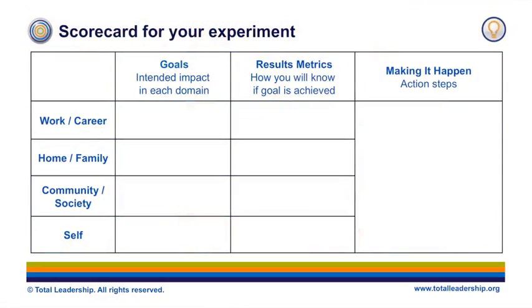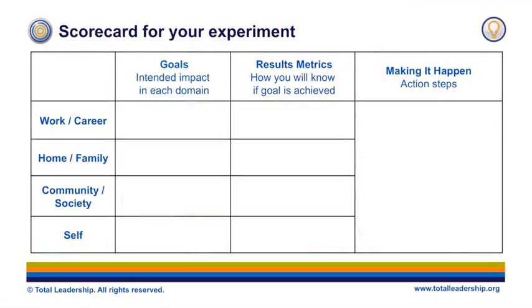Let's look at this template for the scorecard, which you'll complete as part of your assignment for this week. And please do this as soon as possible so that you can start moving on your experiment without delay. The sooner the better.